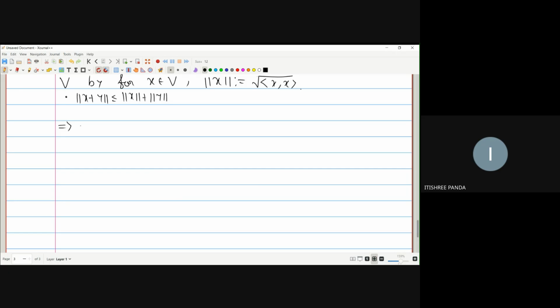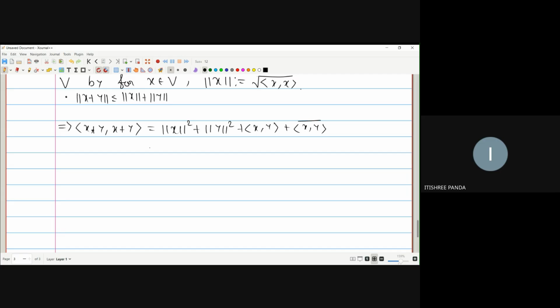The inner product of x plus y comma x plus y is equal to norm x square plus norm y square plus 2 times the real part of the inner product of x comma y. How does the two times the real part come? It is the inner product of x comma y plus the inner product of y comma x. Y comma x is the conjugate of x comma y.